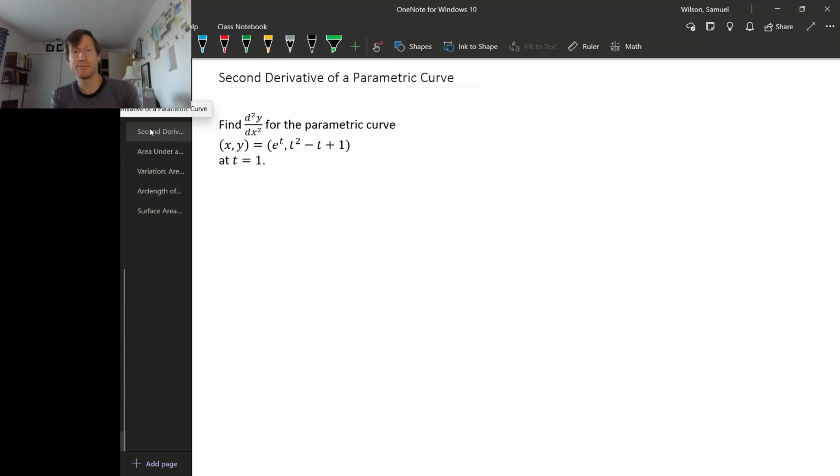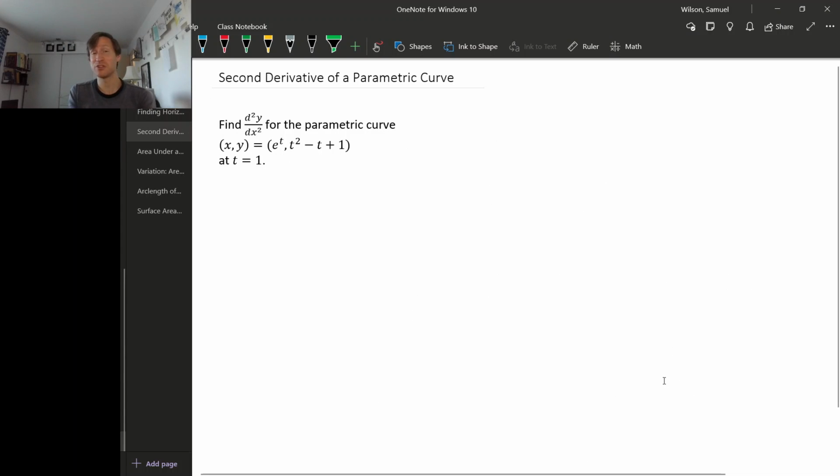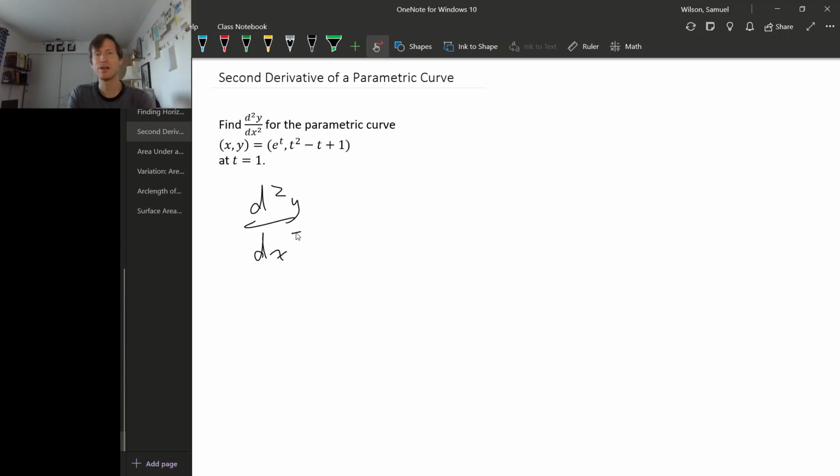Another problem that we can think about with a parametric curve is finding a second derivative. So the second derivative of y with respect to x. Now this is going to be a little trickier because the second derivative of y with respect to x, one way to write this would be the derivative with respect to x of dy/dx.